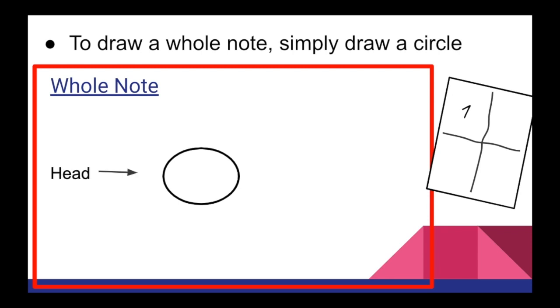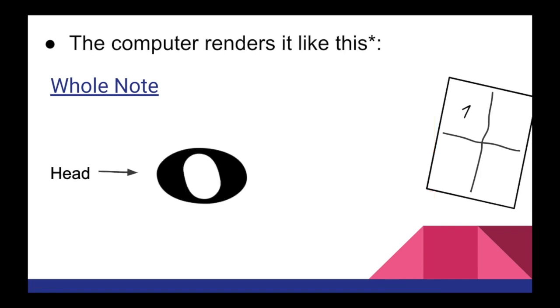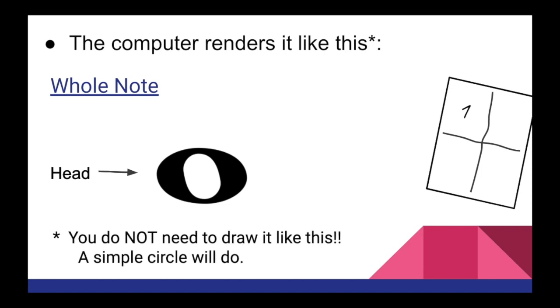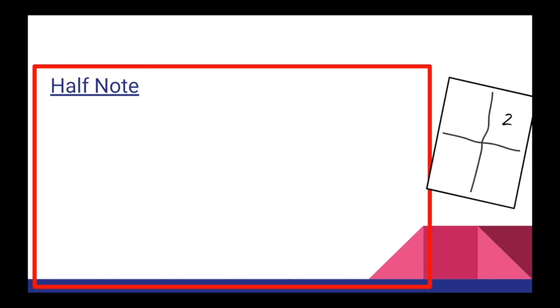A whole note is just made up of a head. You should also write the word head with the arrow there. We want to know that that circle part of the note is called a head. Please note that a computer makes it look like this, but you do not have to draw it like this. In fact, I prefer if you do not draw it like this. Just draw a circle. A simple circle is perfect.